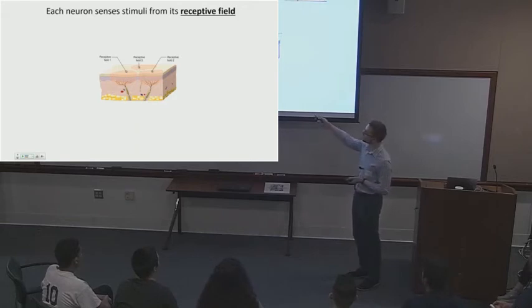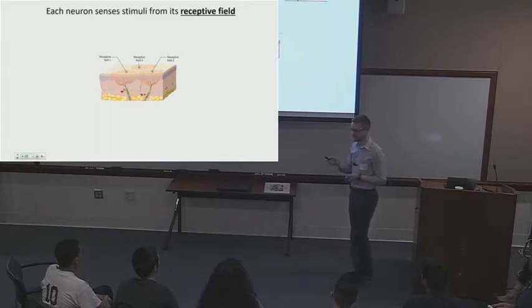We know that our skin can sense warm and cold temperature. And it also contains several neurons. But can each neuron sense both cold and warm? Or is it that this one can only sense warm, and this one can only sense cold, and this one senses something else? So this was a big puzzle in this field.